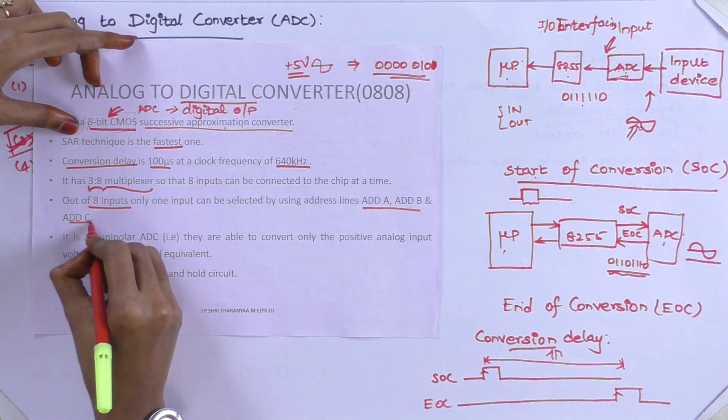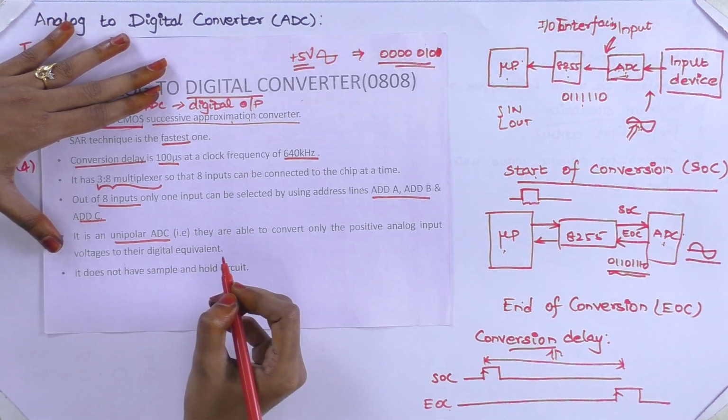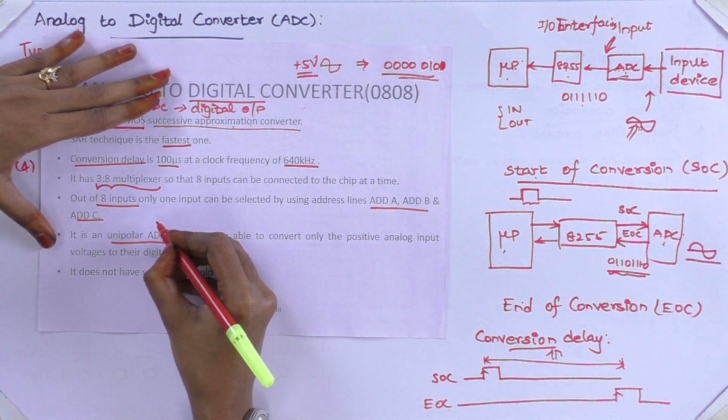The select lines are A, B, C. And the next thing is that it's a unipolar ADC. Unipolar ADC means it will be able to convert only the positive signal and not the negative signal. It will convert only the positive 5 volt; the negative 5 volt it won't consider. It does not have the capacity to convert a negative voltage into corresponding digital data.